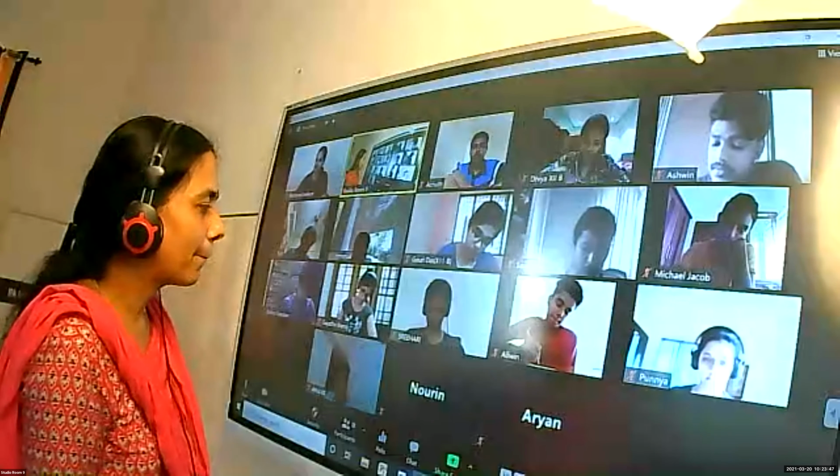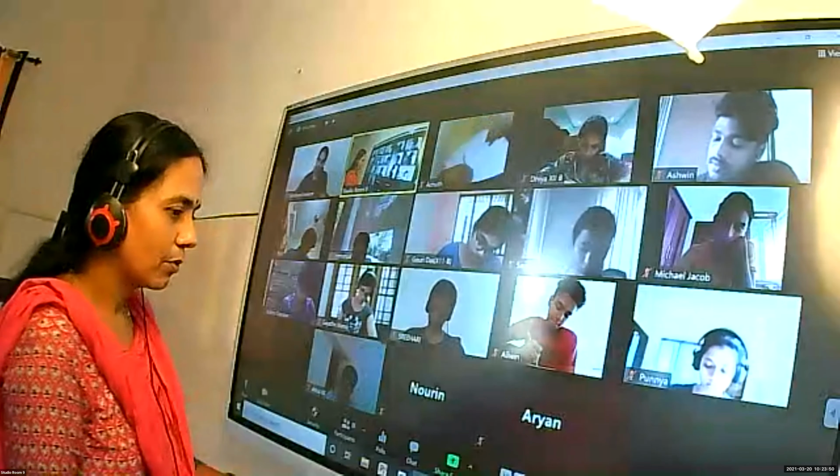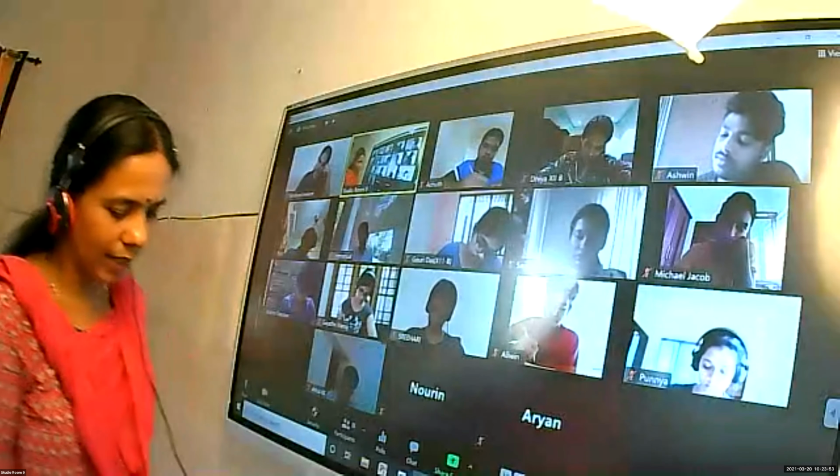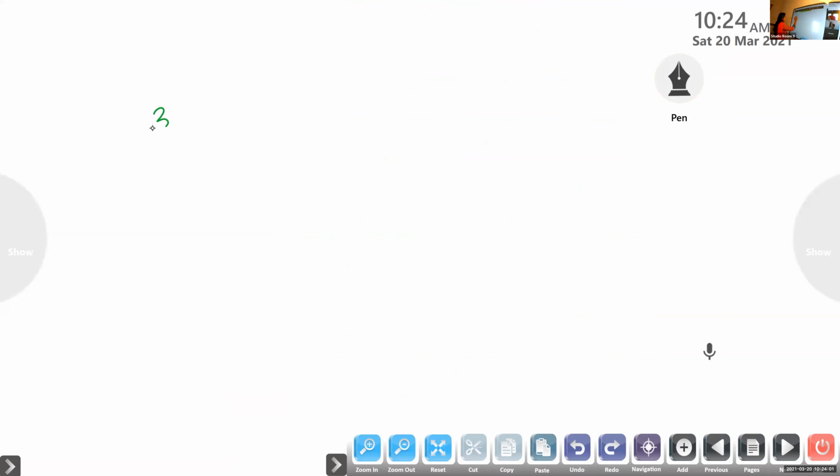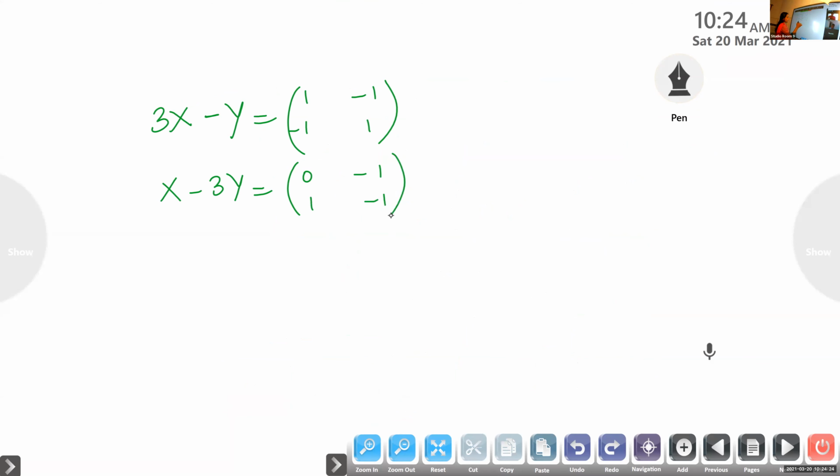Find capital X and capital Y given that 3X minus Y is equal to the matrix 1, minus 1, minus 1, 1, and X minus 3Y is equal to the matrix 0, minus 1, 1, minus 1.